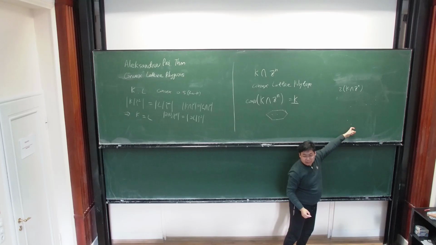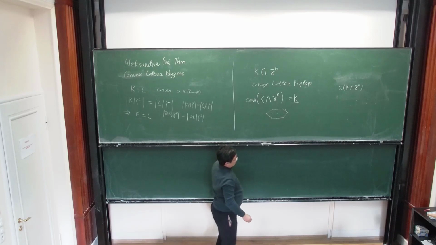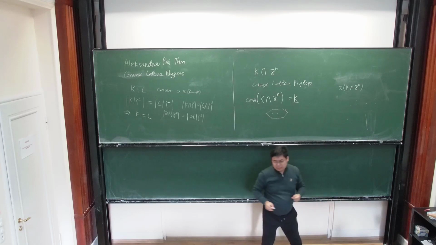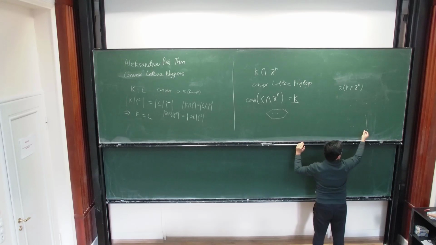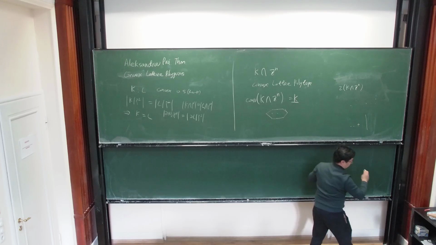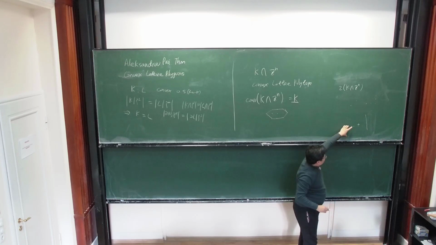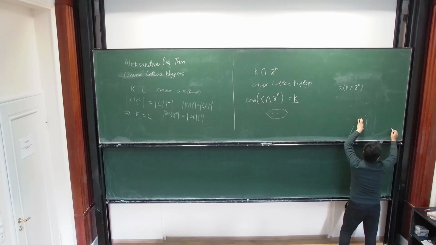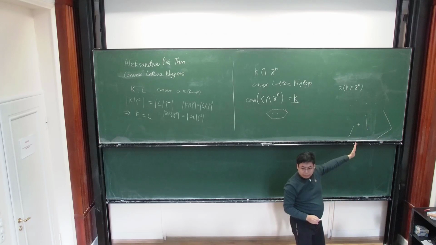If you're adding this kind of point, or if you're adding this kind of point, for example, you have these two points here, and you're adding these two points, then I'll give you this graph.